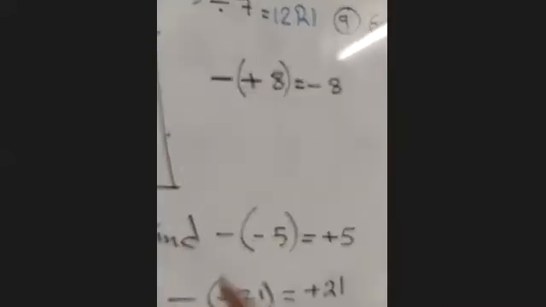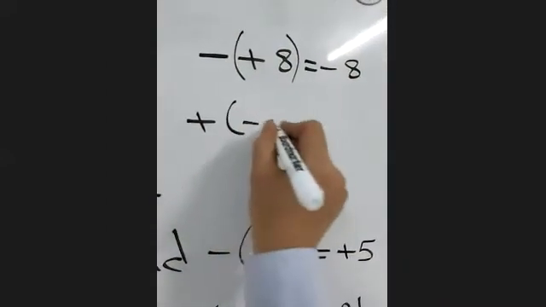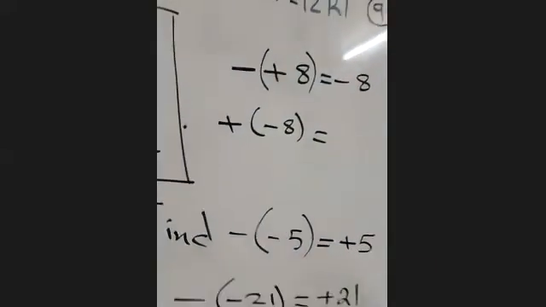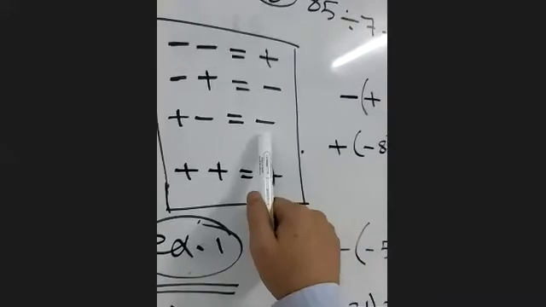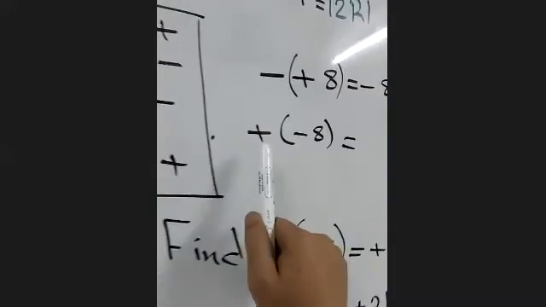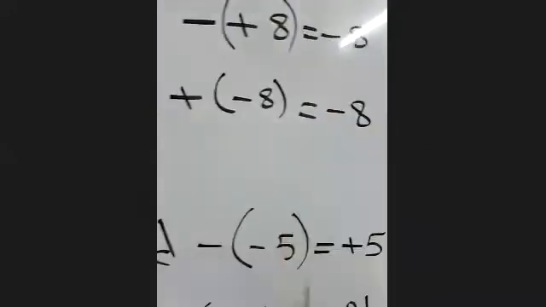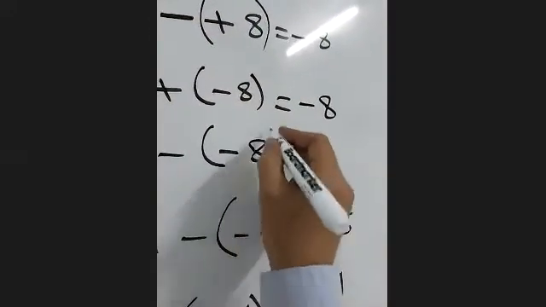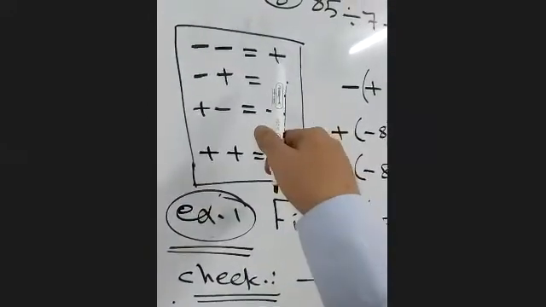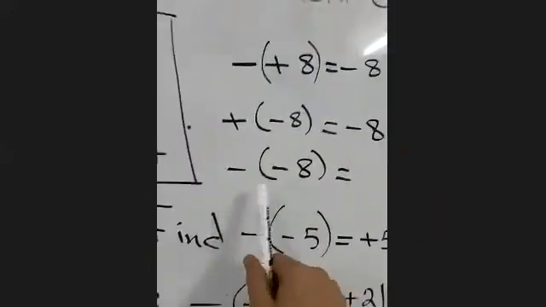Stop. If I want positive of negative 8, look here. Positive negative is what? Negative. So positive negative 8 is still negative 8. But if I want negative negative 8, look here. Negative negative is positive.